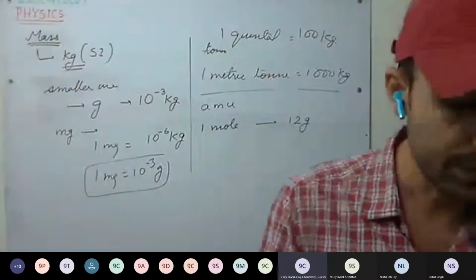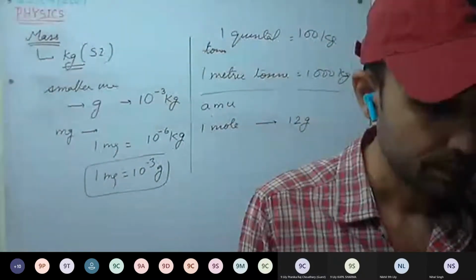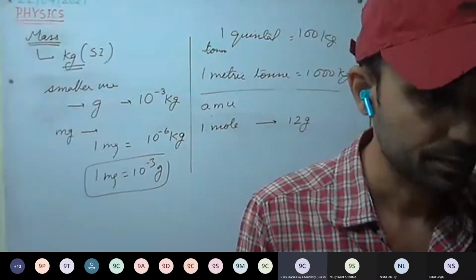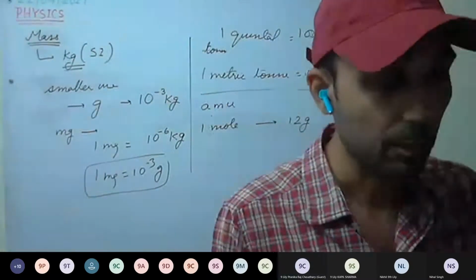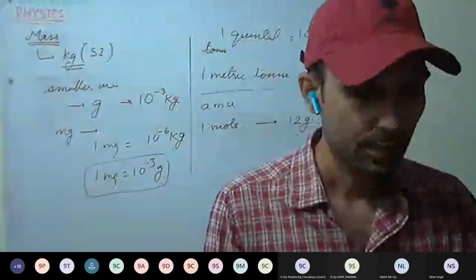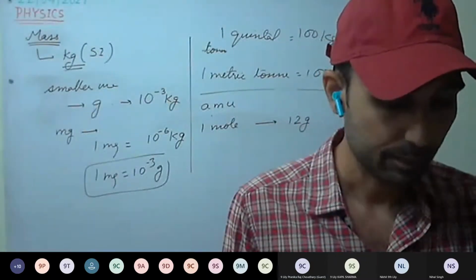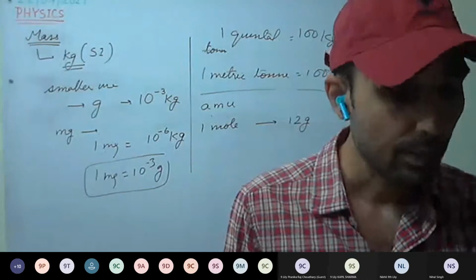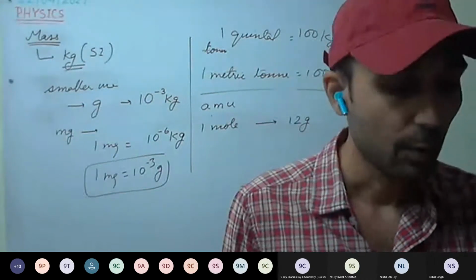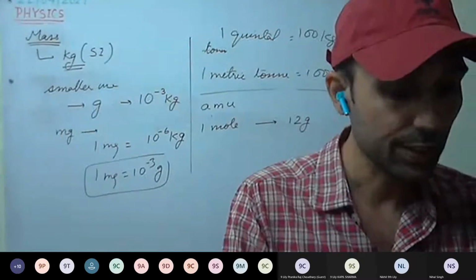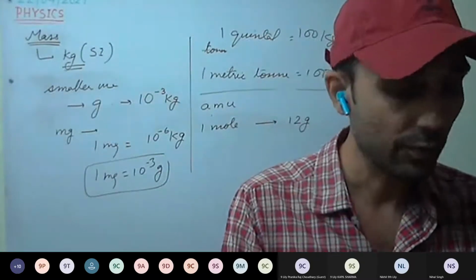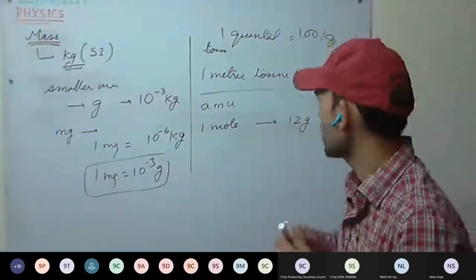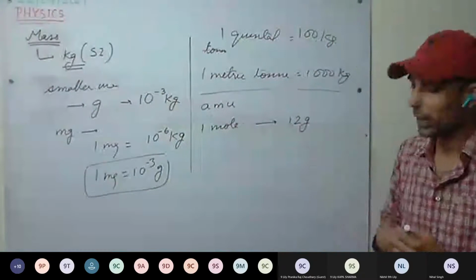Yes, the K is wrong, it is gram, G. You cut the K there. The mass of 6.02 into 10 raised to power 23 atoms of carbon 12 is 12 gram. So 1 mole consists of 12 gram.